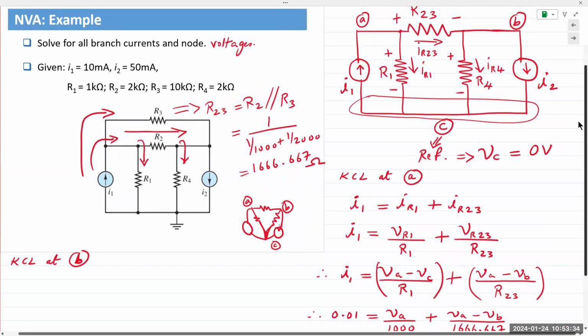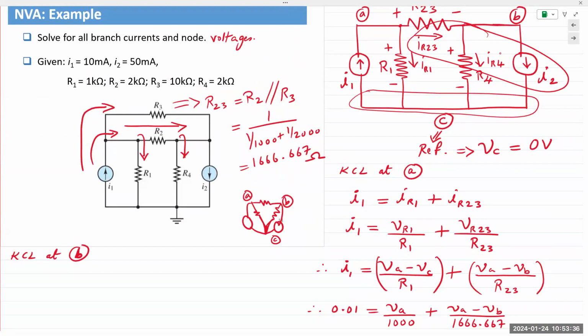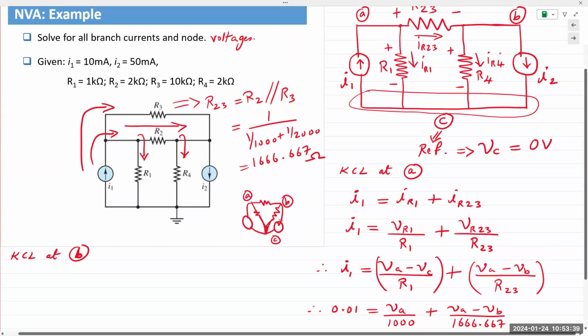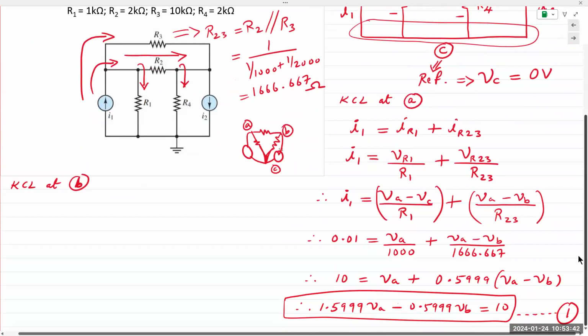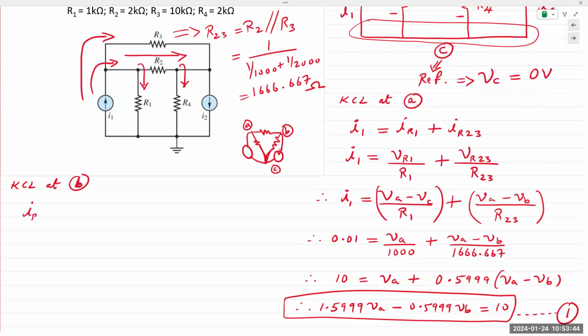IR23 entering the node and IR4 and I2 leaving the node. Apply Ohm's law. I have VR23 divided by R23 and IR4 is VR4 plus I2.